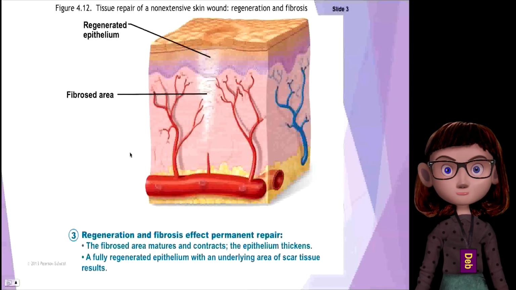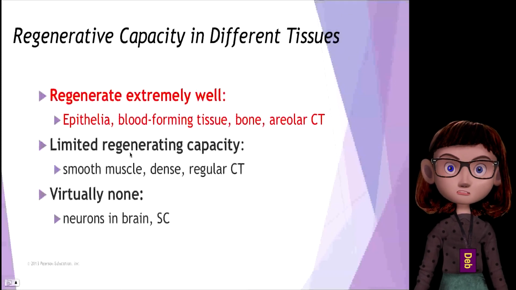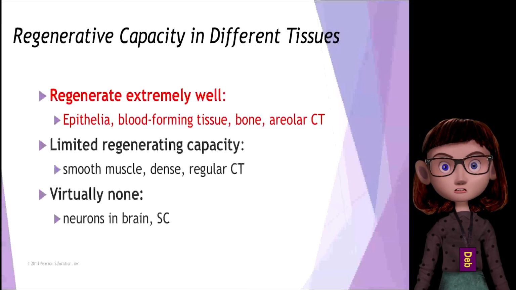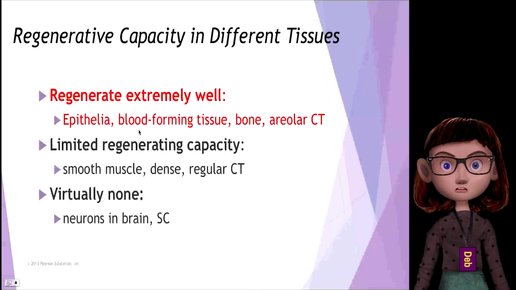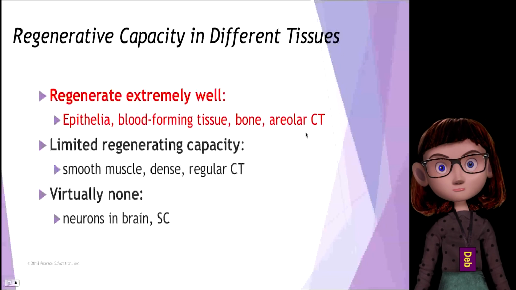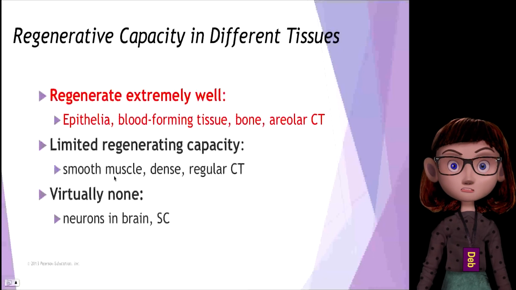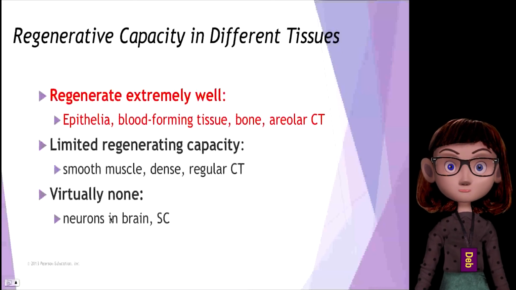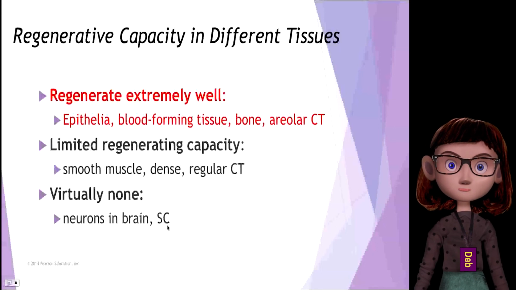Keep in mind that different tissues regenerate at different rates, and so they have different capacities to actually regenerate. Those tissues that regenerate extremely well include all of the epithelia, blood-forming tissue, bone, and areolar connective tissue. Limited regenerating capacity would include smooth muscle and dense regular connective tissue, and virtually no regenerative capacity occurs with the neurons in the brain and the spinal cord.